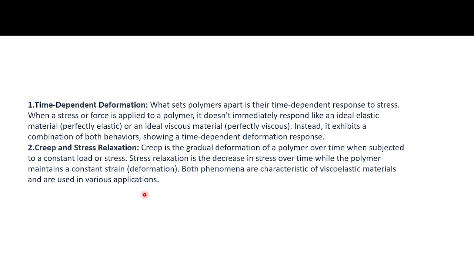So what is viscoelastic behavior like? It is time dependent deformation. What sets a polymer apart is its time dependent response to stress. When you apply stress to a polymer, it increases its length or shape, and when you release the stress it may not come back to its original position.